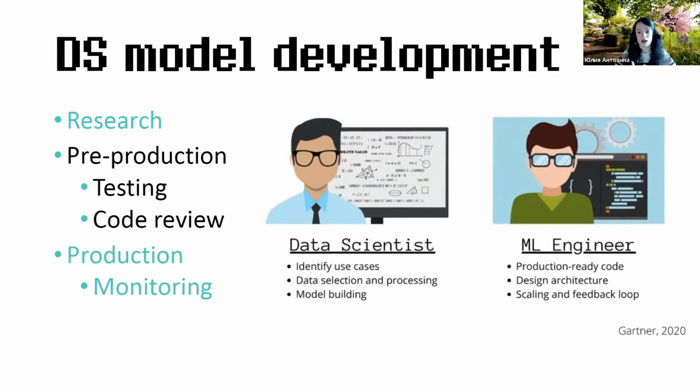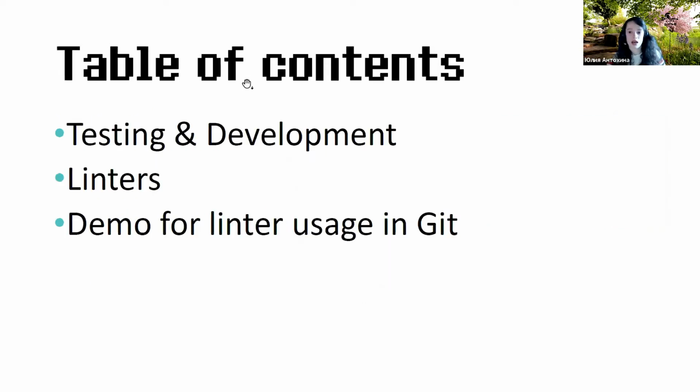But in our company, when we are making a recommendation system, we have only a data scientist, and we are forced to do ML engineer work also. And it's related to the stages that I will be covering today: testing and development, linters, and I also will show you a demo usage for linters in Git using CI/CD.